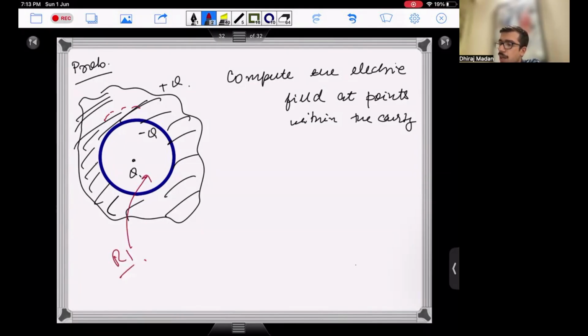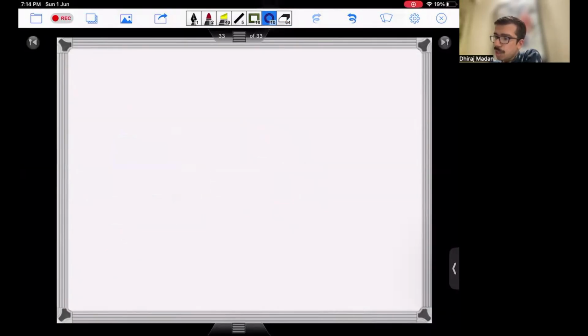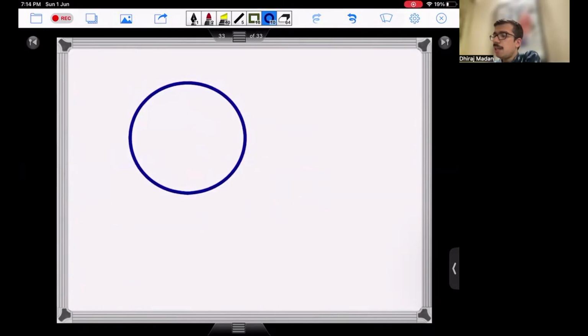In this region R1, if I want to compute the electric field, I need to know the distribution of charges inside this, and I need to know the total charge on the surface which bounds R1.